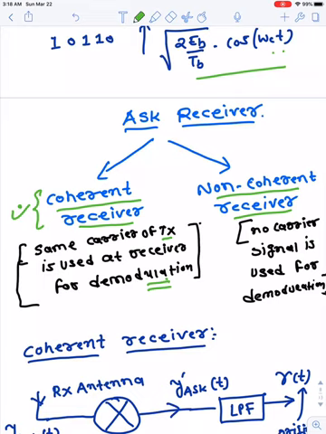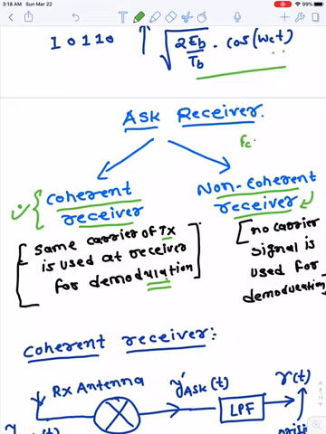But sometimes the carrier information is not available at the receiver, or there may be a possibility that, because of Doppler shift, your transmitted signal frequency changes, and the carrier at the receiver does not have the same frequency as the received signal.